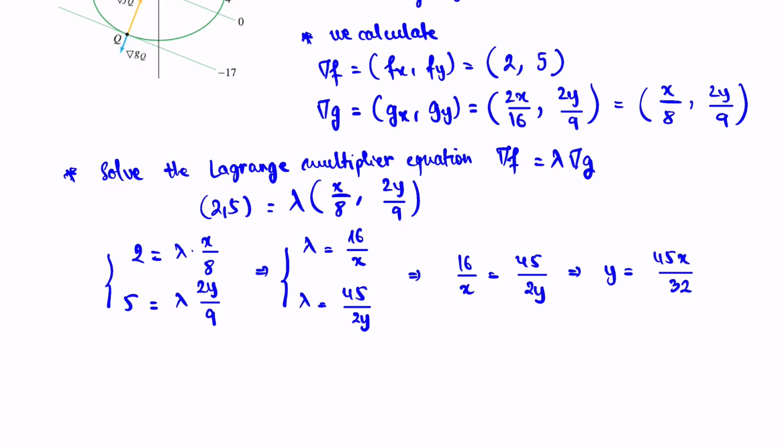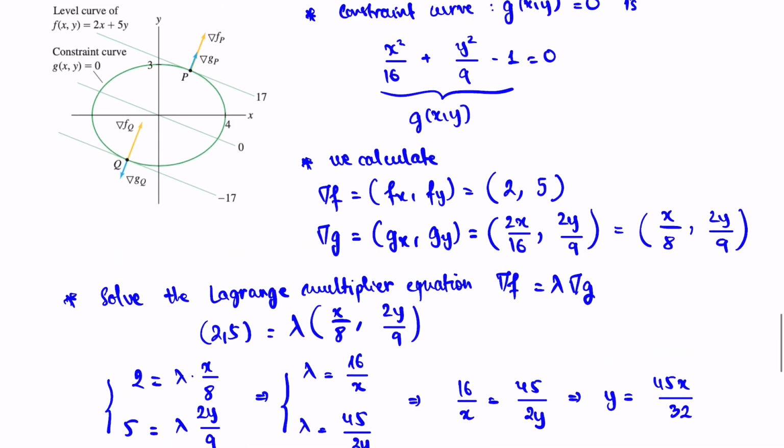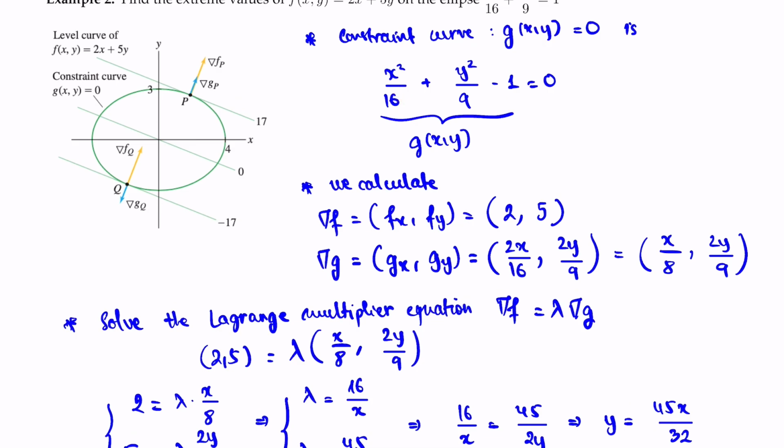Then we're going to substitute y into the constraint equation and solve for x. The constraint equation is x squared over 16 plus y squared over 9 minus 1 equal to 0.